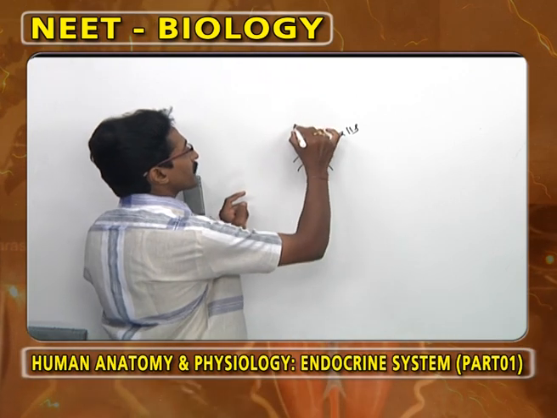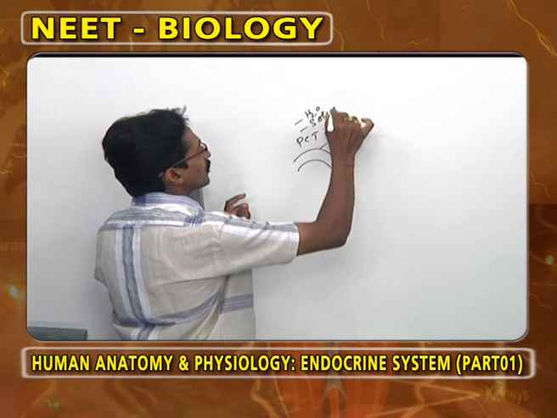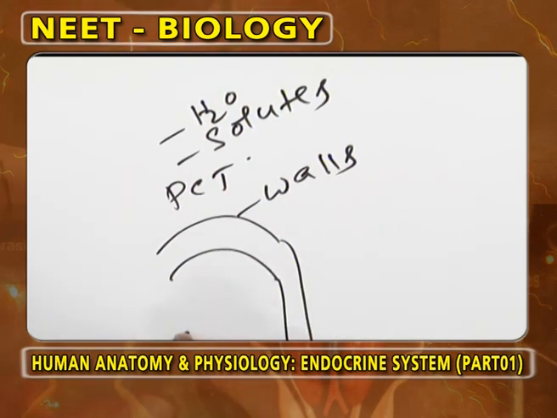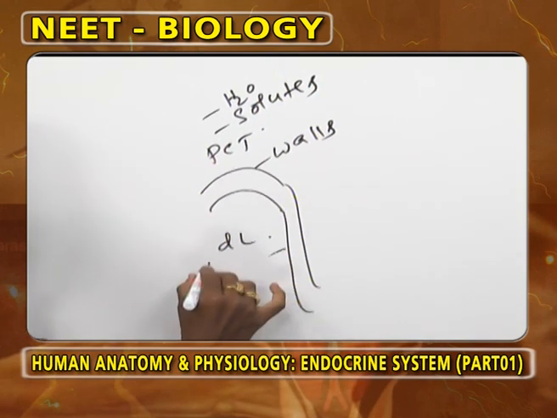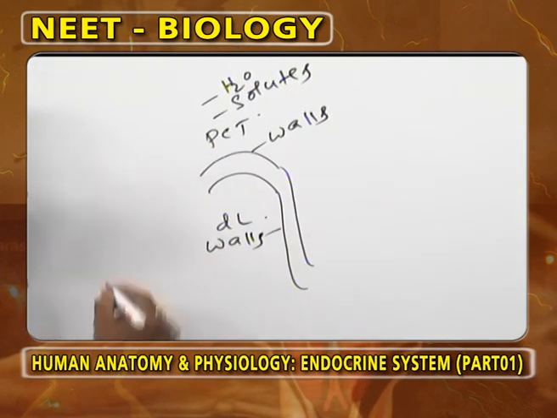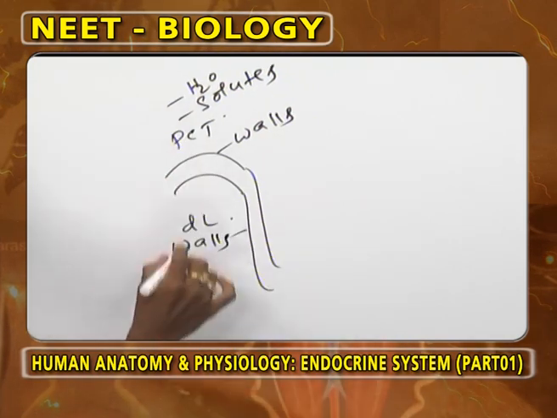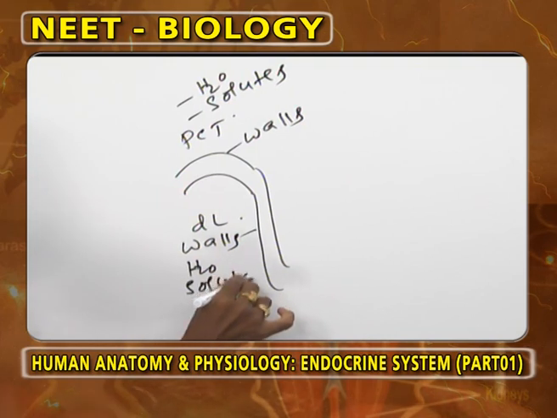It is permeable to water and permeable to solutes. And now the proximal convoluted tubule opens into the descending limb, and these are the walls of the descending limb. Now the descending limb is permeable to water as well as solutes.